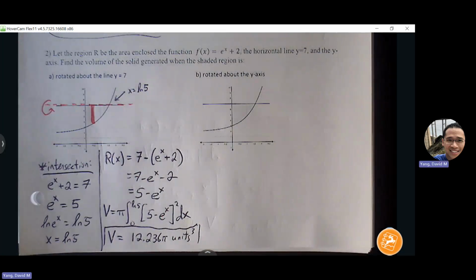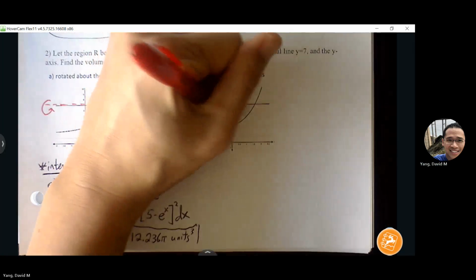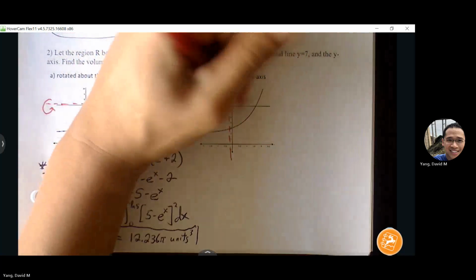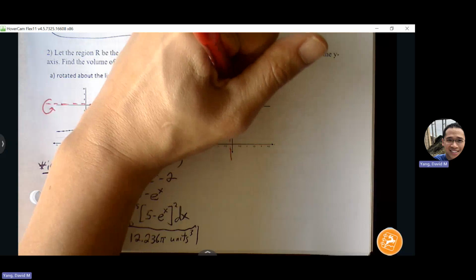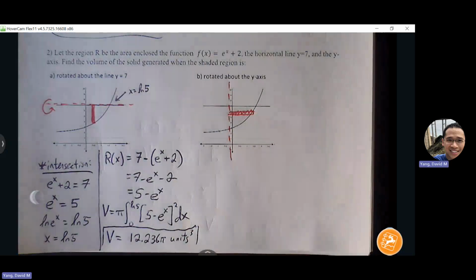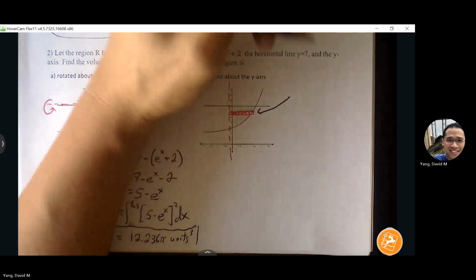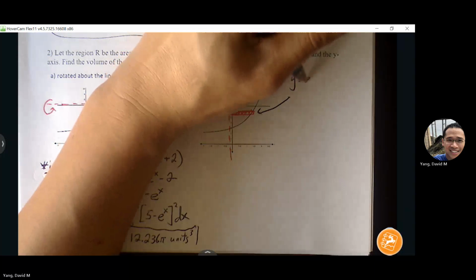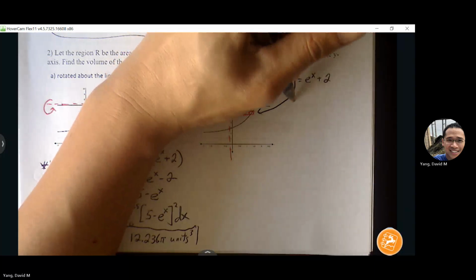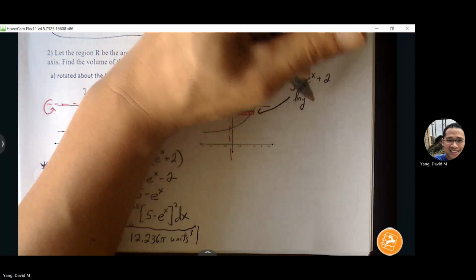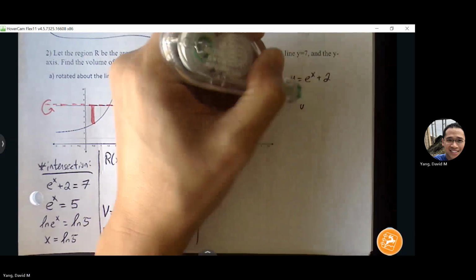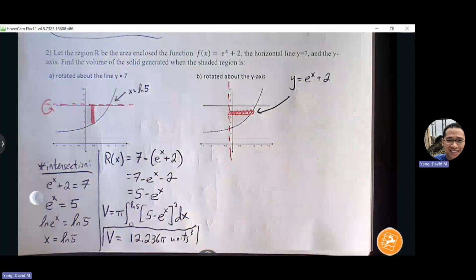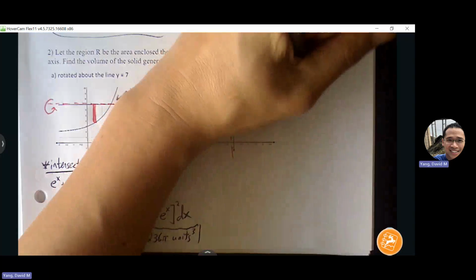Okay, part B, rotating about the y-axis. Our radius is going to have to be flipped around. Our equations has to be rewritten in a different form. Oops, sorry. Let me get that e to the x isolated first.